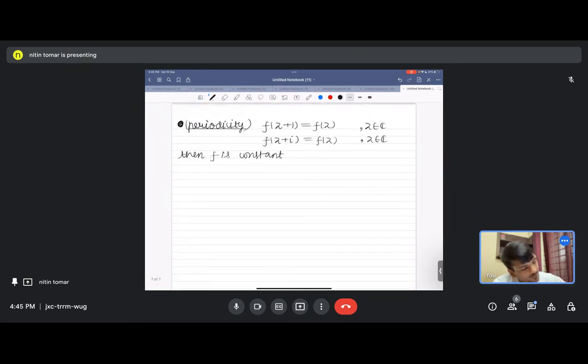So what we have been given is the following. So 1 is here and iota is here, right?